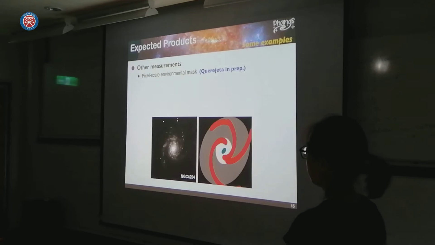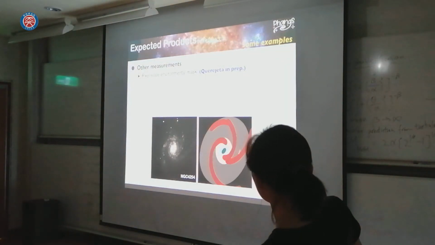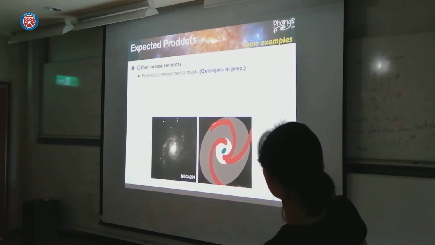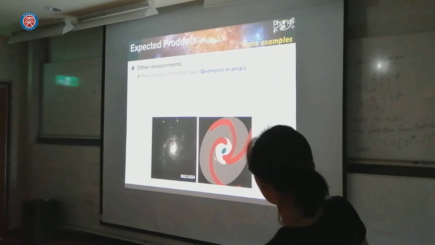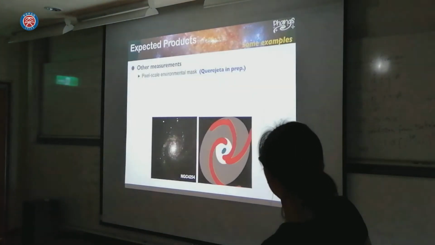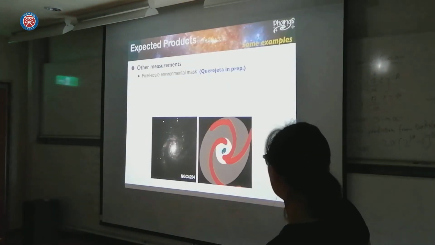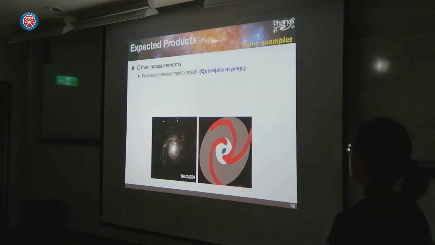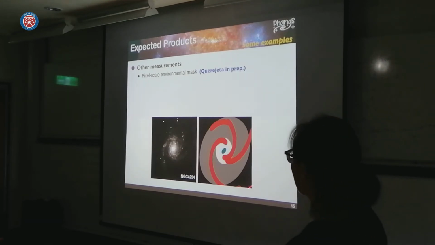For example in this mask, the red regions are defined as spiral arms, the white region is called inner disk, and the green region is bulge. So if you want to compare, for example, giant molecular clouds in the galactic centers and spiral arms, then you can use this mask to pick up the bulge regions and spiral arm regions.